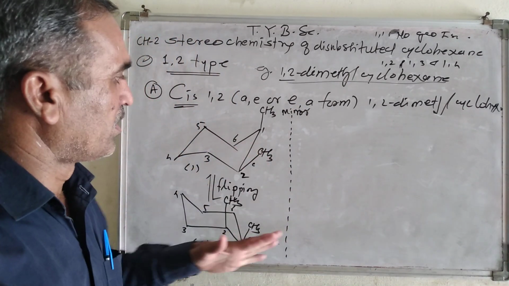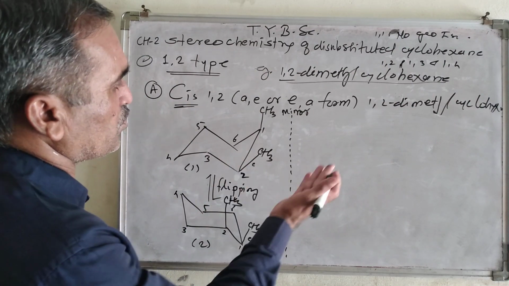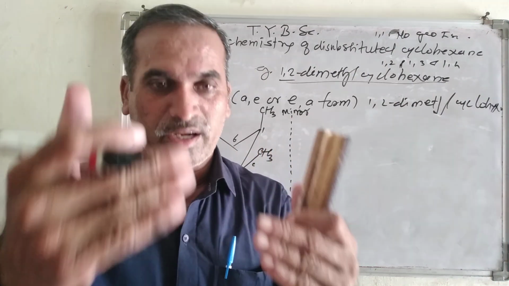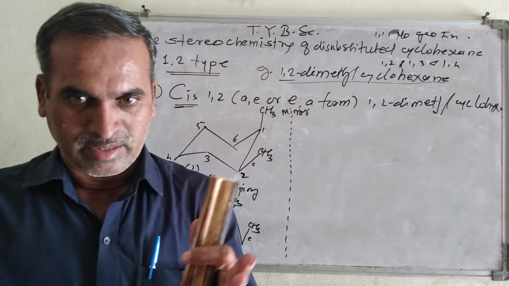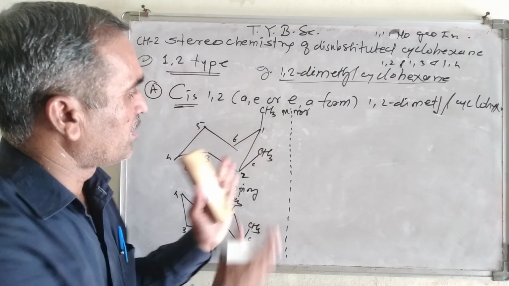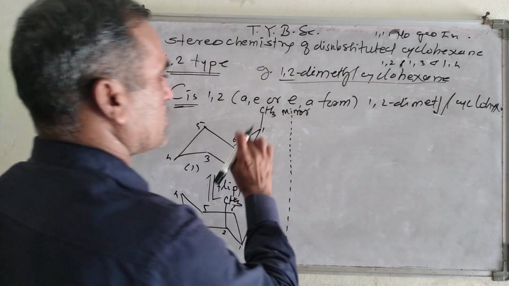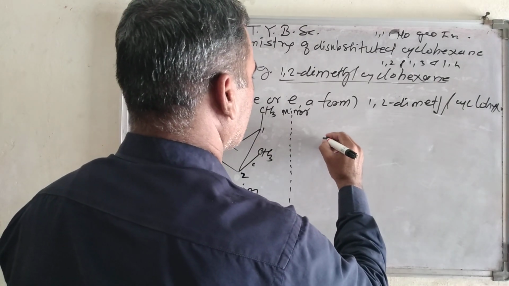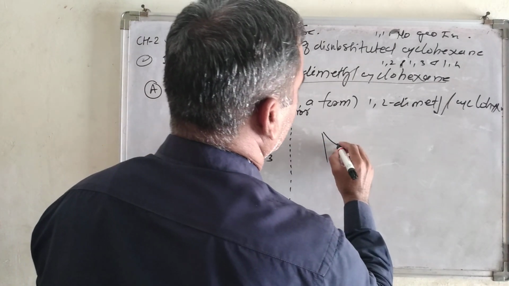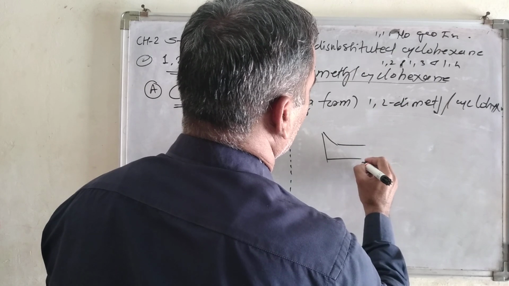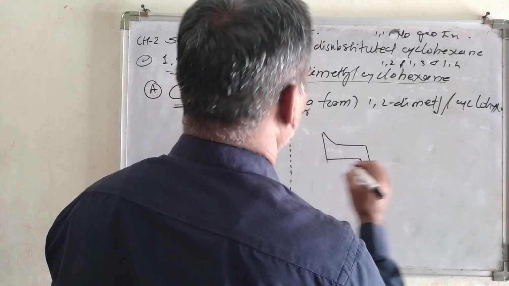So imagine that mirror there, and what do you see? You can see your image in the mirror, a nice image. So here, how does this compound look in the mirror? This is a mirror, so it looks like this, right?